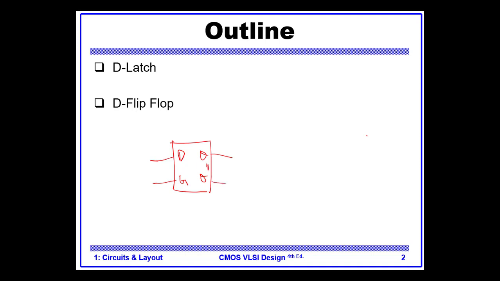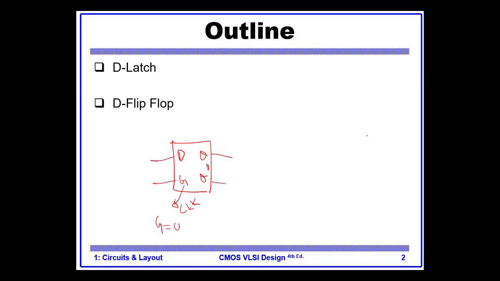This G is sometimes also called clock, although it should be called gate, but in this book they also call it clock, so let's say it can be gate or clock. So the behavior is like that.